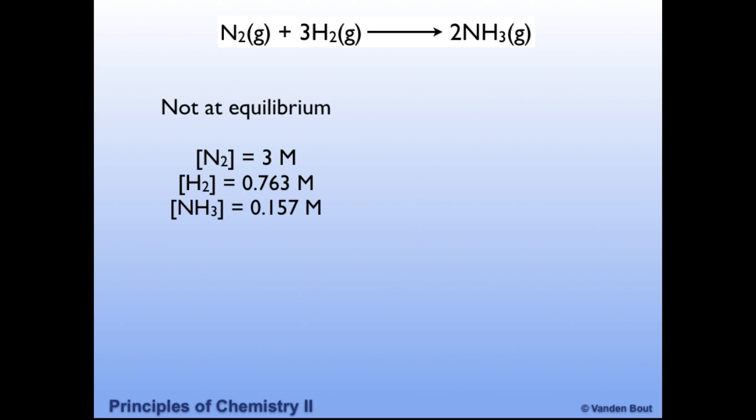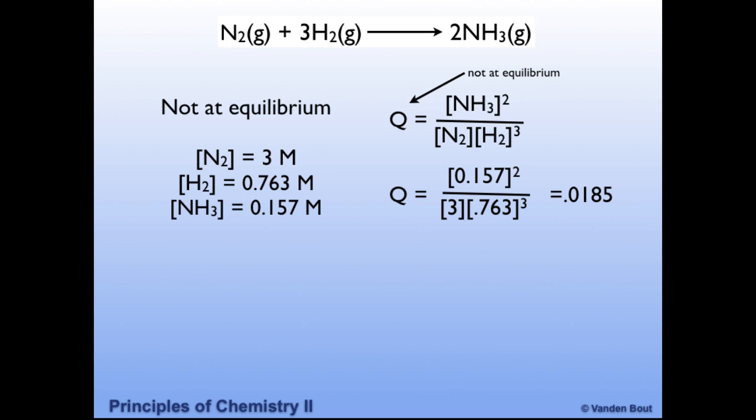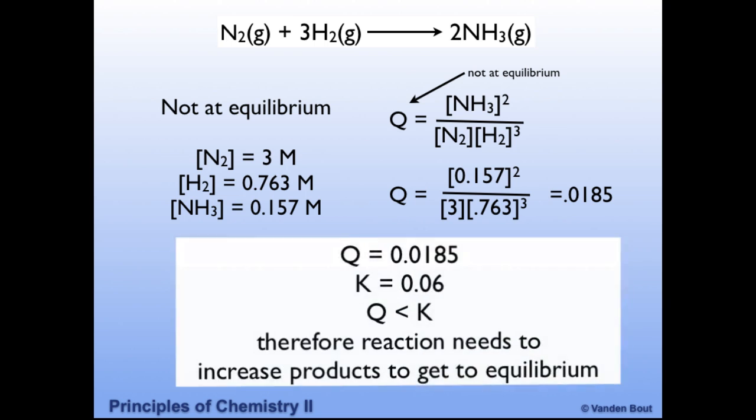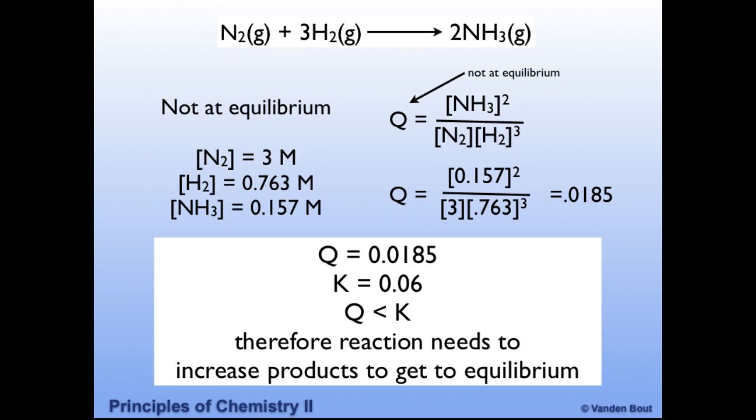Well, now we have new concentrations. These are the concentrations not at equilibrium. This is some instantaneous moment. And so now the mass action expression is equal to Q, the reaction quotient. This is the value not at equilibrium. So if I plug those all in, I now get something like 0.0185. And if I compare that now to K, I can see that Q is now less than K. What's happened is it's products divided by reactants. If I add reactants, now I'm dividing by a larger number.